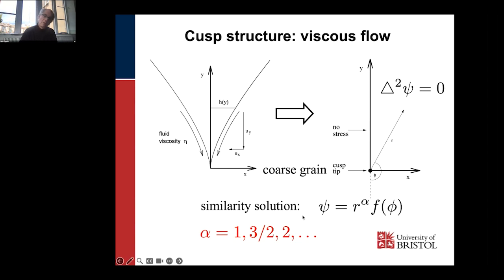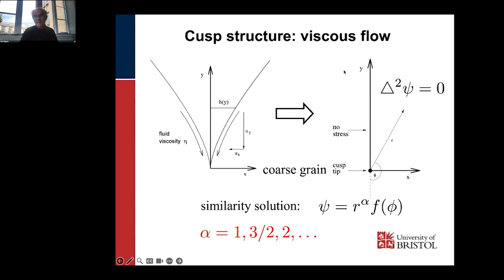And you're interested in the smallest value of alpha. Why? Because for small r near the local solution, this will dominate. So the first solution is alpha equals 1. Well, alpha equals 1 actually corresponds to a trivial solution, namely to a uniform flow in the direction of y.